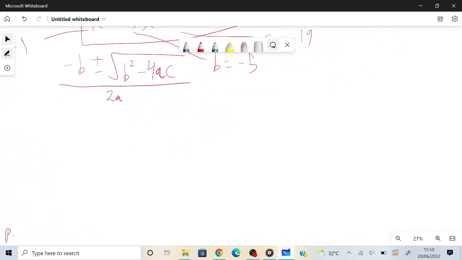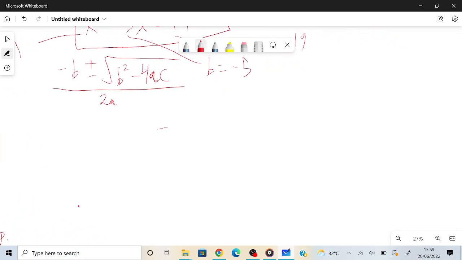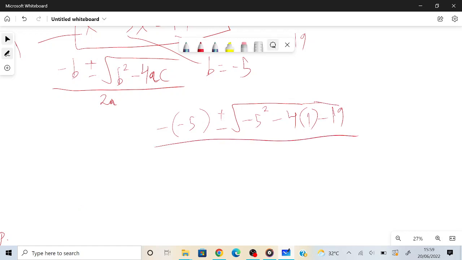So let's substitute our values. We have minus into minus 5 plus minus square root of minus 5 squared minus 4 into 1 into minus 19 all over 2 into 1.